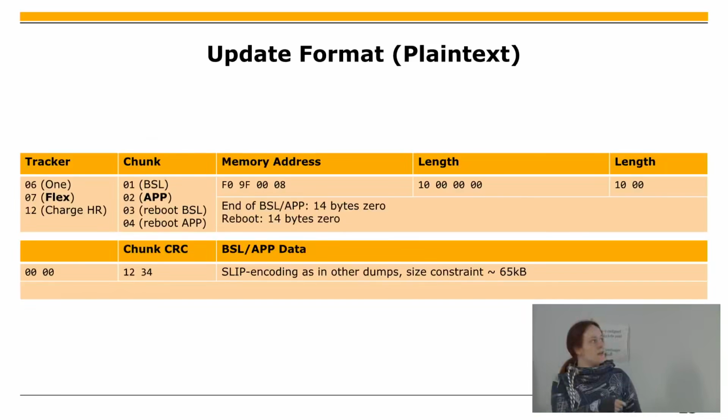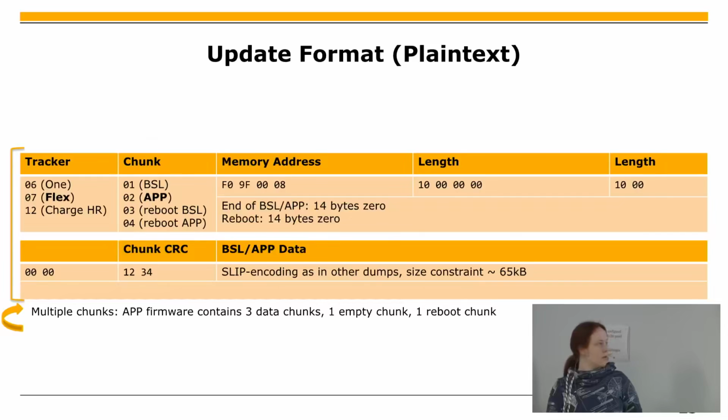And if it's a BSL or app part, then you also have the memory address, the length, which is there twice, I don't know why, a CRC, and then the actual data. The data has an upper bound in size, so you will normally just add multiple of them. So if you have the app firmware, then you have 3 data chunks, so 3 of these: it's Flex, it's app, it's memory address, and so on.